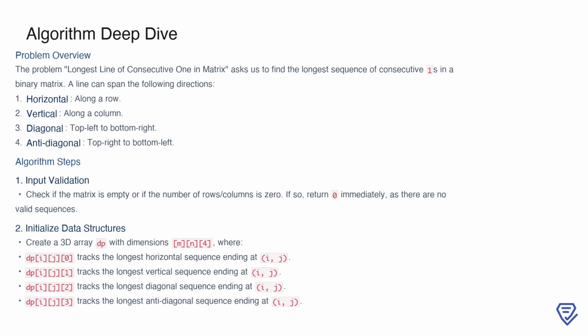Specifically, DP[i][j][0] will store the length of the horizontal line ending at cell (i, j), while DP[i][j][1], DP[i][j][2], and DP[i][j][3] will store the lengths for the vertical, diagonal, and anti-diagonal lines, respectively. This setup allows us to efficiently compute and store intermediate results as we process the matrix.